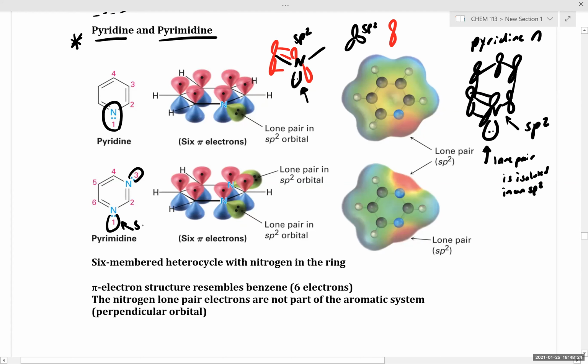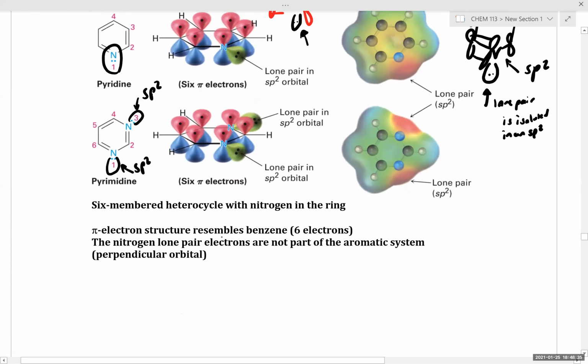In each case, the lone pair is found in an sp2 orbital. If we think about pyridine and pyrimidine, the pi electron structure resembles benzene with 6 electrons, and the nitrogen lone pair electrons are not part of the aromatic system.